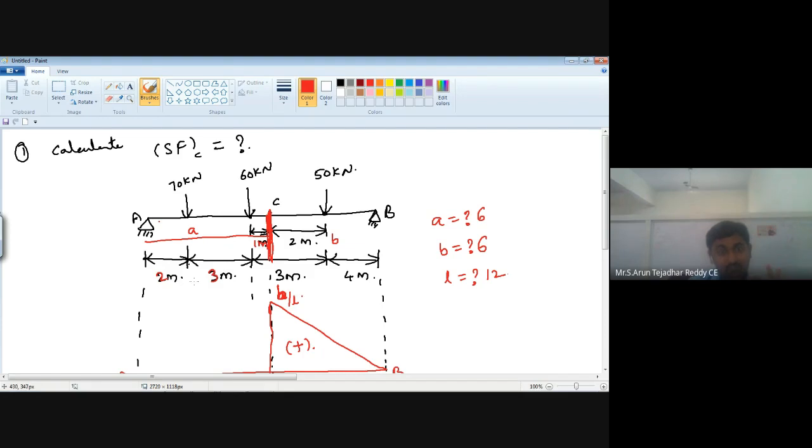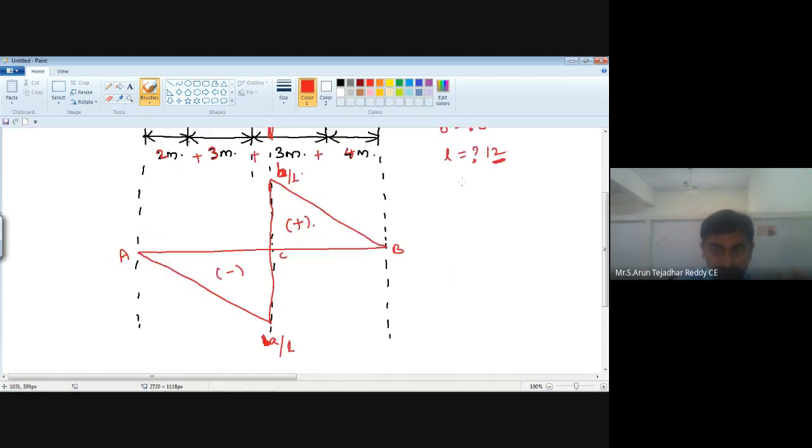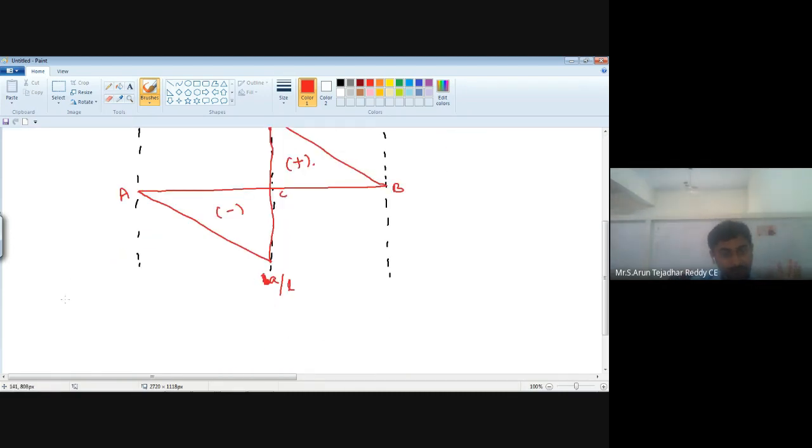So 2 plus 3 plus 1, it is 6 meter. Now from C to B, it is 2 meter plus 4 meter, so 6 meter. Now if you add 2 plus 3 plus 1 plus 2 plus 4, then it is L. Total span is L.